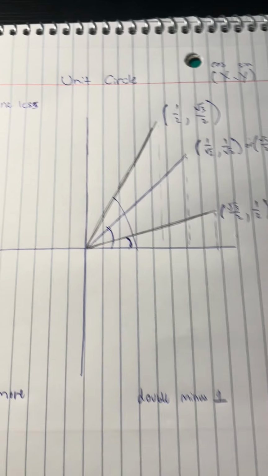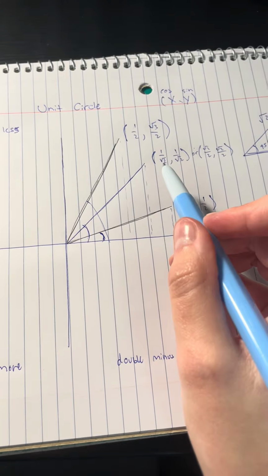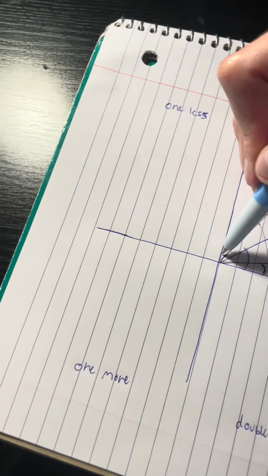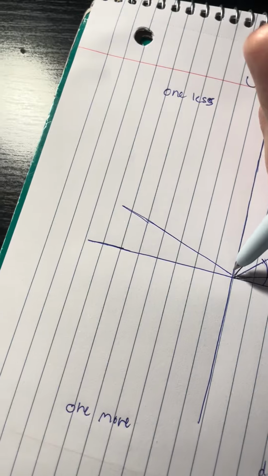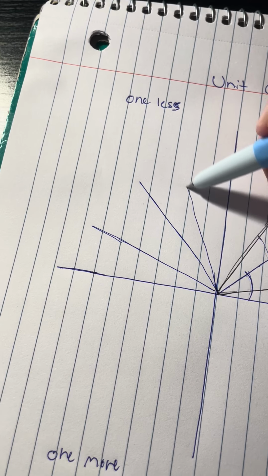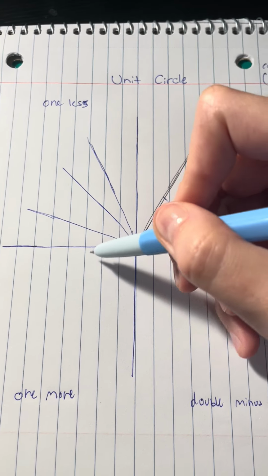Okay, and now these other quadrants are just these values, literally you flip it over. We have our 30 degree, our 45, and our 60. Now we always start our degrees from the bottom, we do not start from this axis.